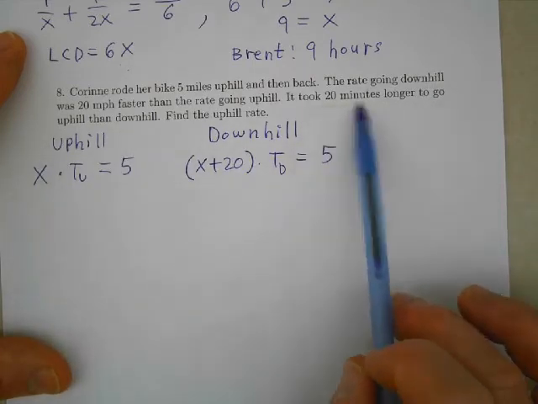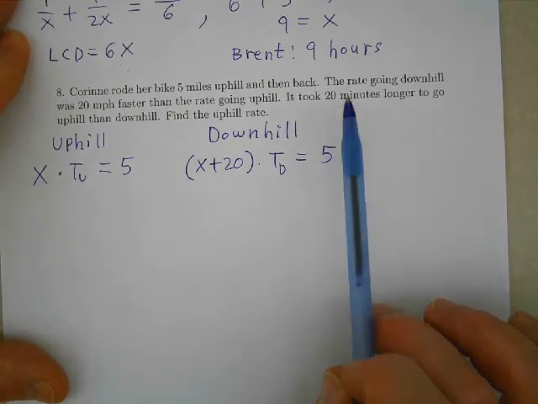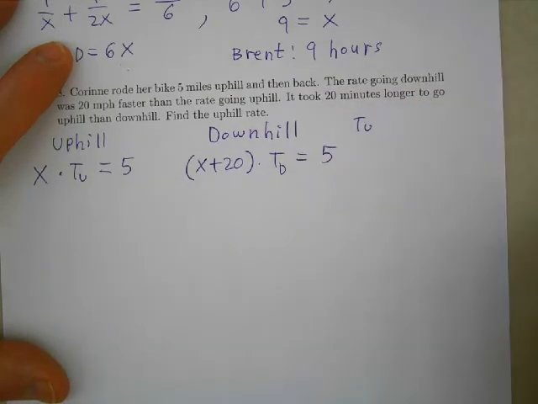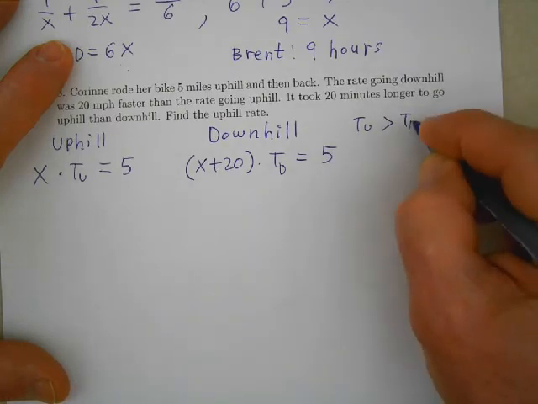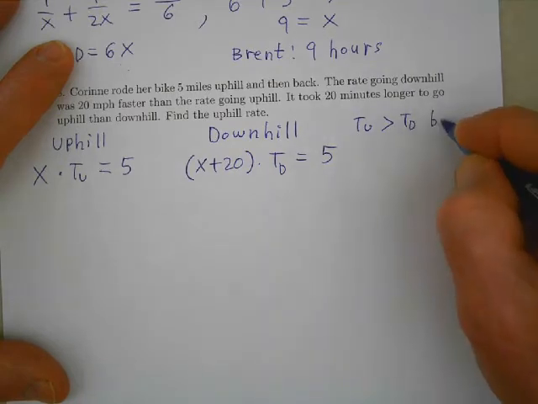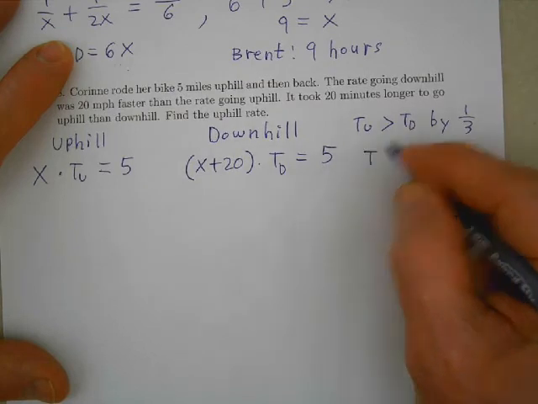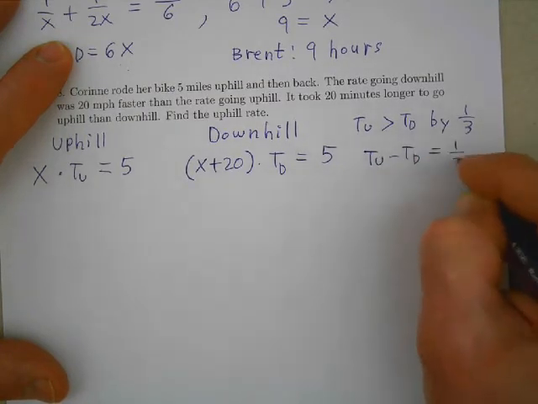We have to convert 20 minutes to hours. 20 minutes is 1/3 of an hour, but we'll note that t sub u, the amount of time it took her to bicycle uphill 5 miles, is greater than the amount of time it took her to travel 5 miles going downhill. It's greater by 1/3 of an hour. So this can be converted into an equation. The larger number minus the smaller number is equal to 1/3.